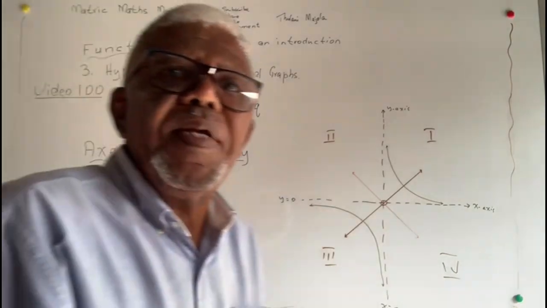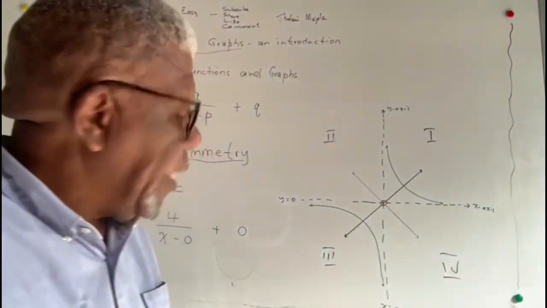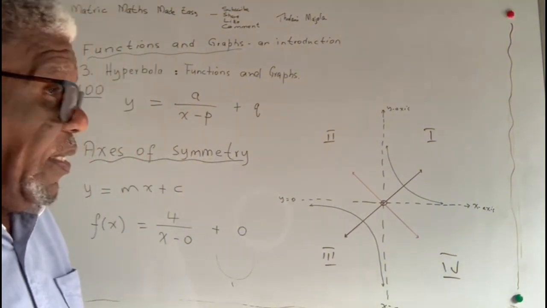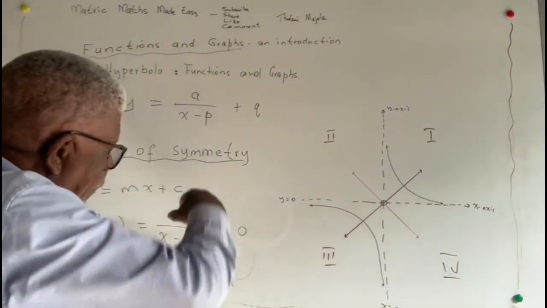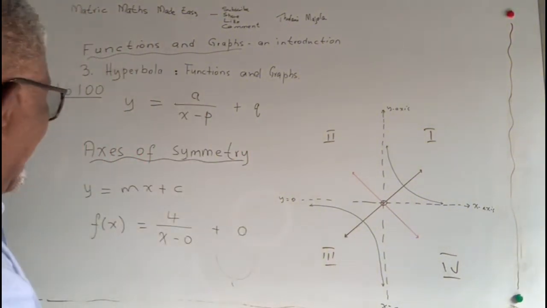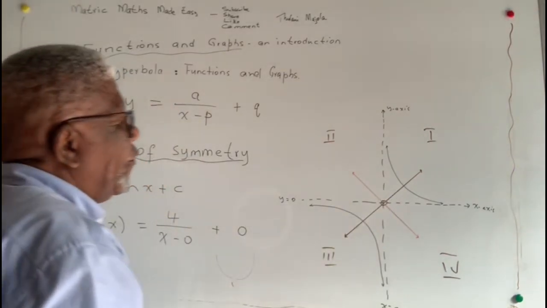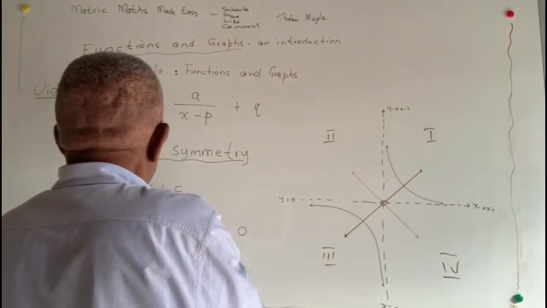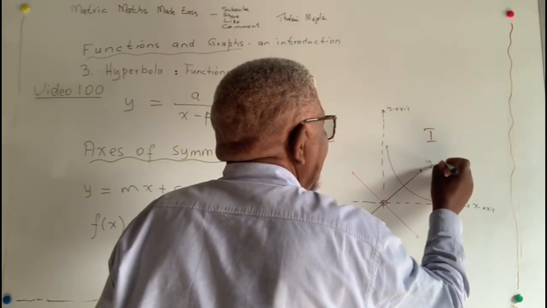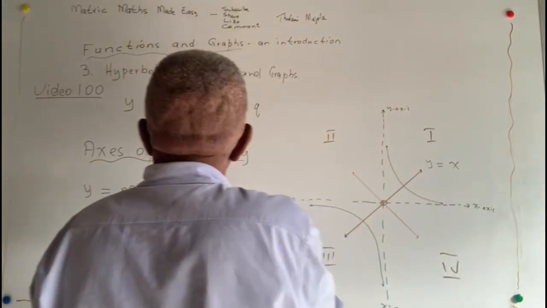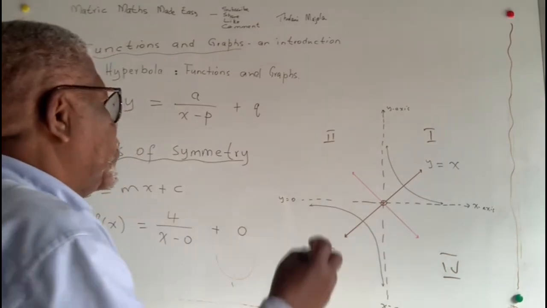So it's easy to explain the axis of symmetry in the hyperbola, because it's a straight line. So for a straight line, we've got y equals x. So your m is equal to 1.